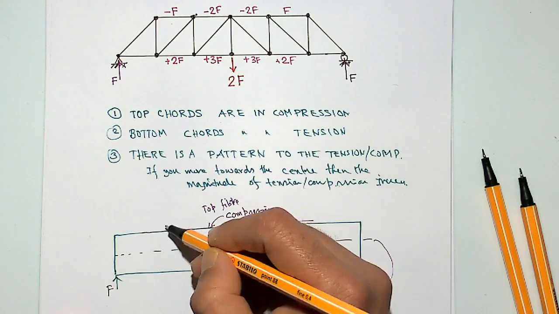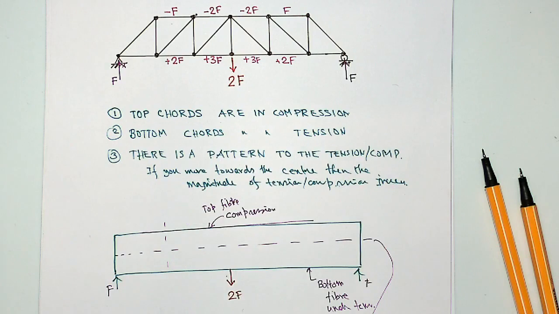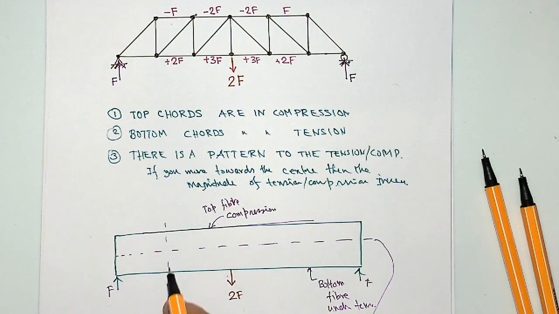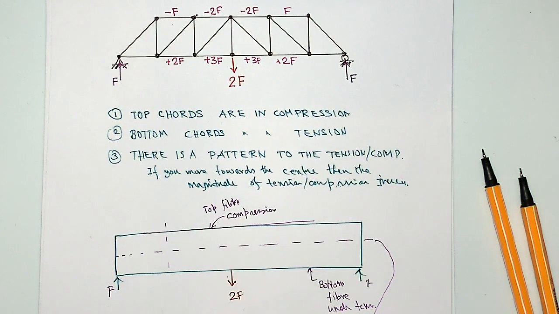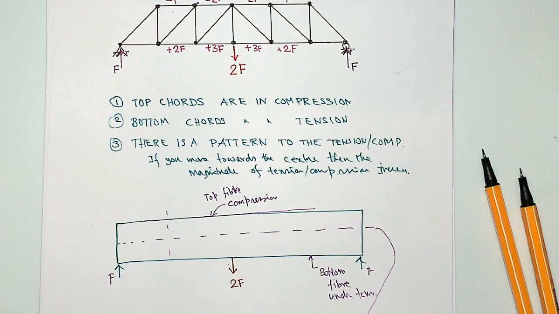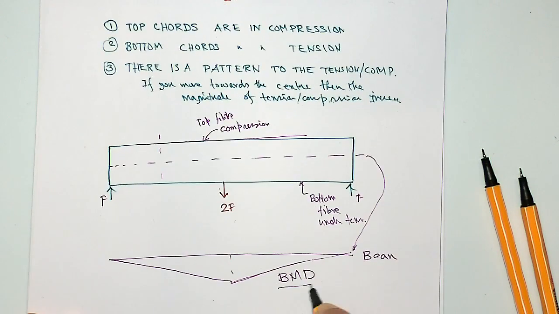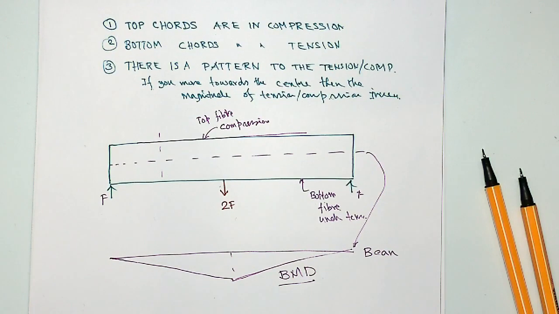Say, for example, if you take it here, the compression and tension would give you a moment, and you say okay, I am plotting that moment at that location, that's the bending moment at that particular location. If you draw that, that gives you something called a bending moment diagram.